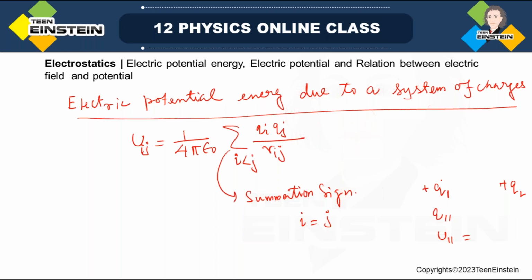Interaction with itself is not possible. Interaction has to be with some other charged particle. So that's why this term is not there in the expression. Okay, I'll just give you one example that will make your idea clear about this expression.